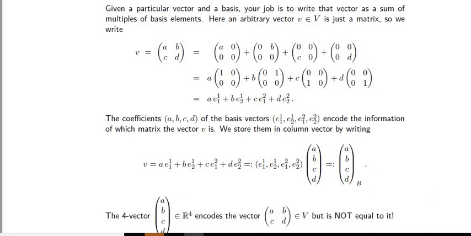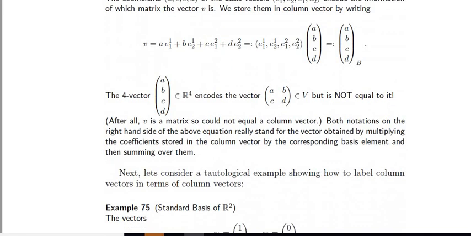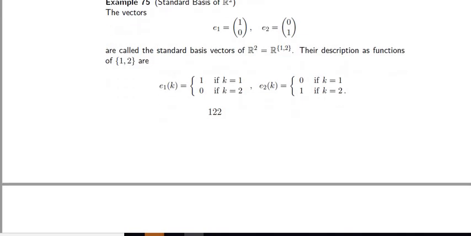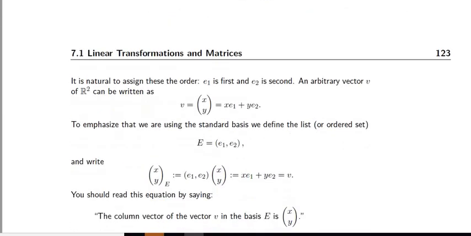All right, so this is the standard way that we're going to represent vectors in terms of bases. Here's another very simple example. We have a basis of R2, and if we express a vector xy, for instance, in terms of that basis, well, this is x times E1 plus y times E2, and we just use the same unified representation to show this, that this column vector xy represents this standard vector xy in the basis E1, E2.